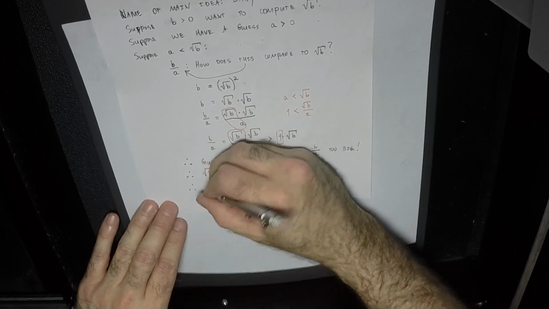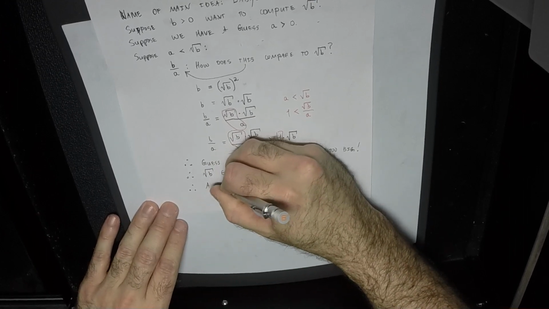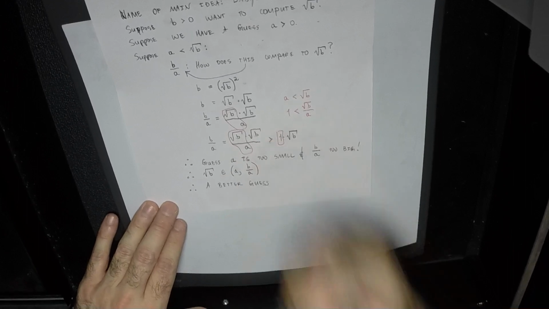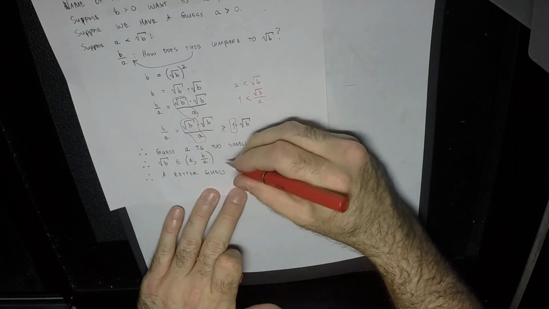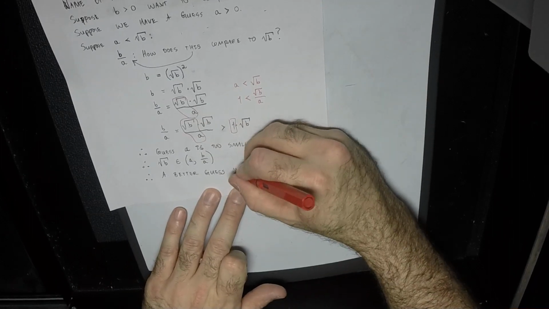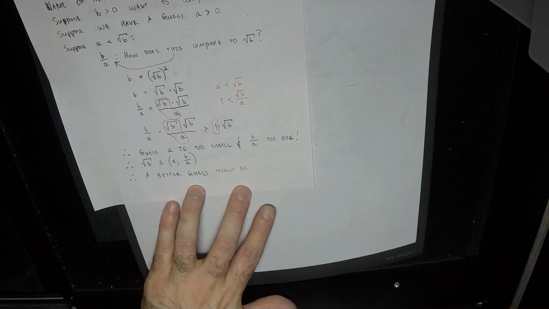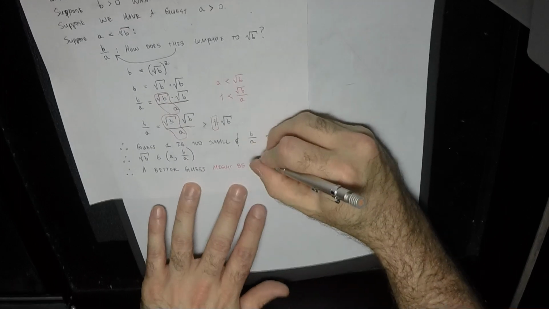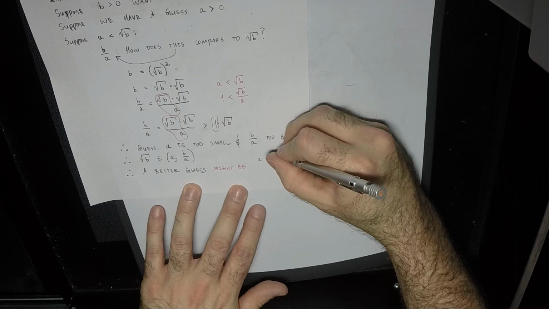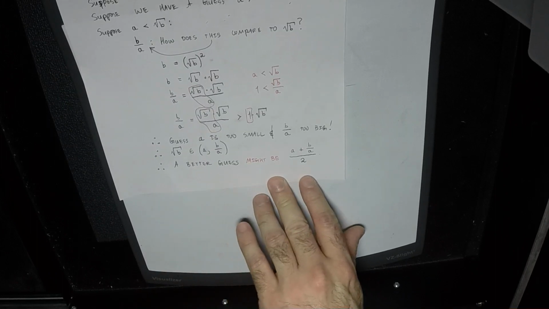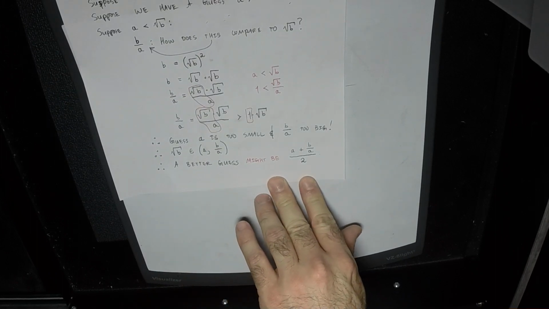And because we're not doing anything too rigorous yet, I'll say a better guess might be the midpoint of this interval, A plus B over A, over 2. Now, where computers are concerned, the division by 2 is a triviality, so that's easy.